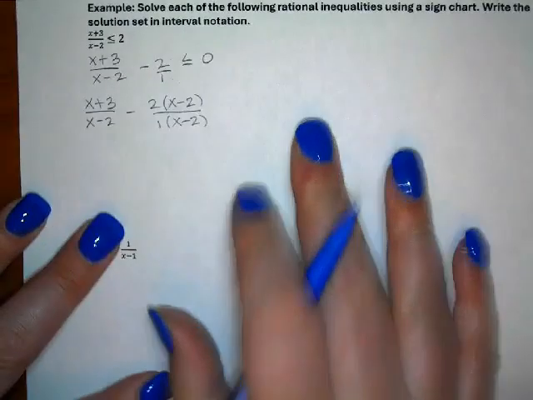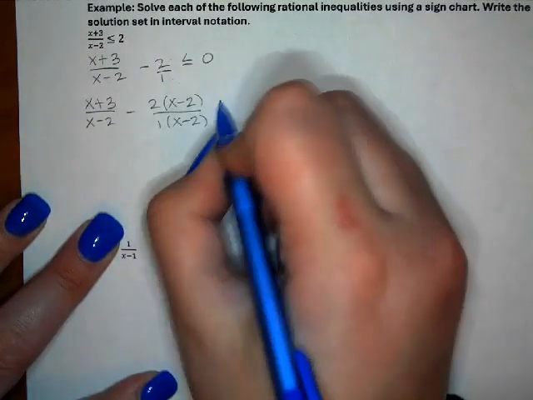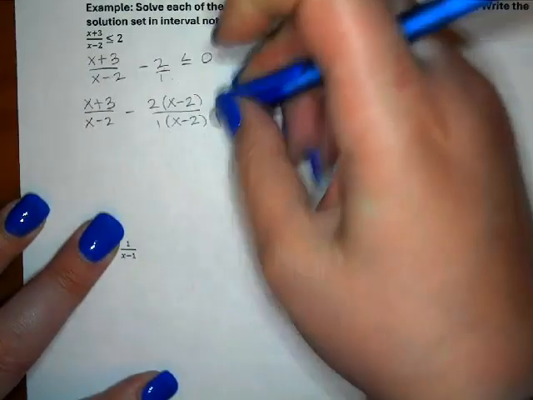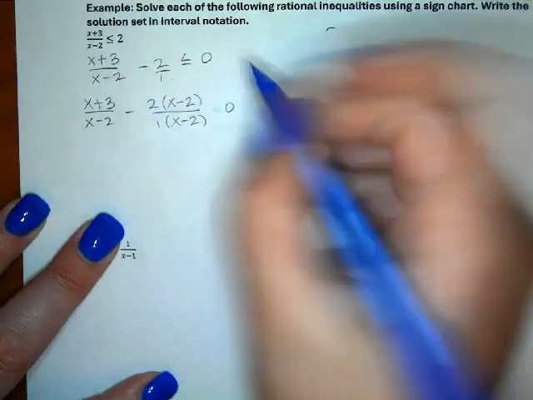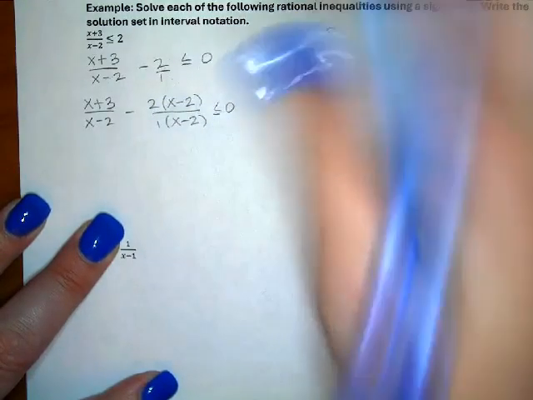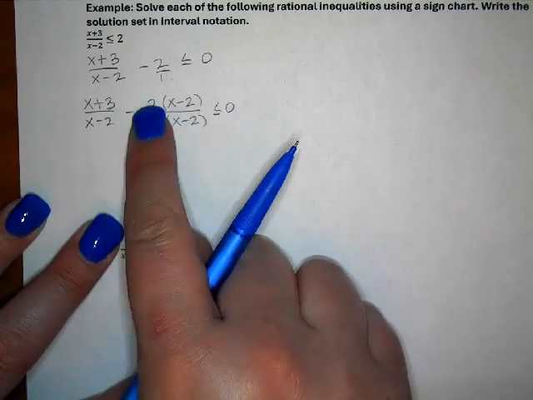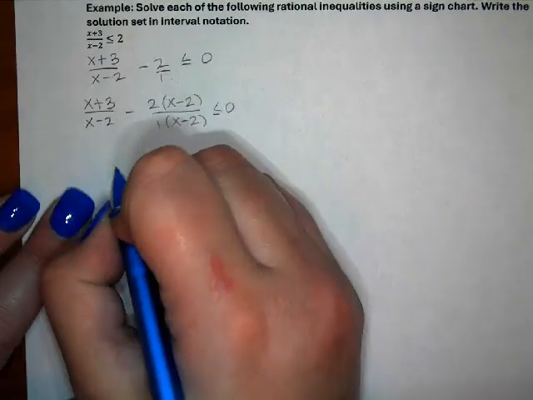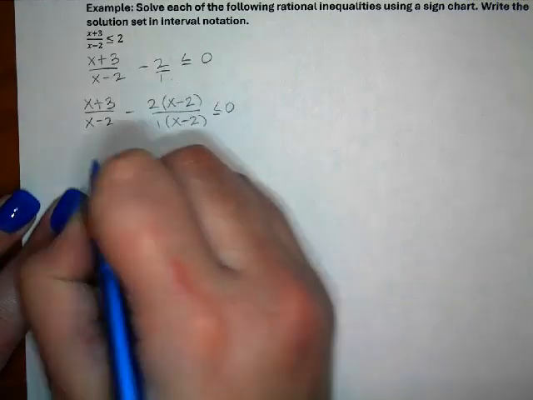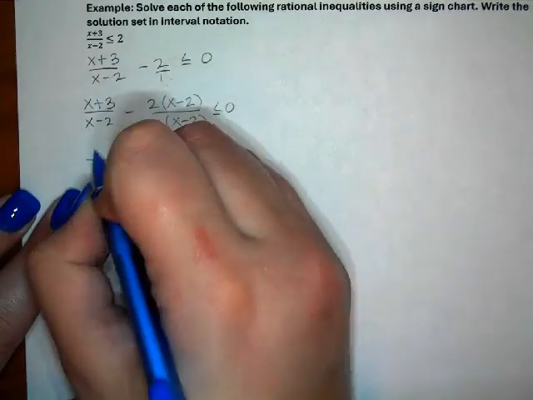We have x minus 2, and we can go through and do this calculation with the subtract 2 times x minus 2. So I'm going to write my denominator, and then in my numerator I'm going to say x plus 3 subtract 2x minus 4. So I just took the 2 and distributed it.